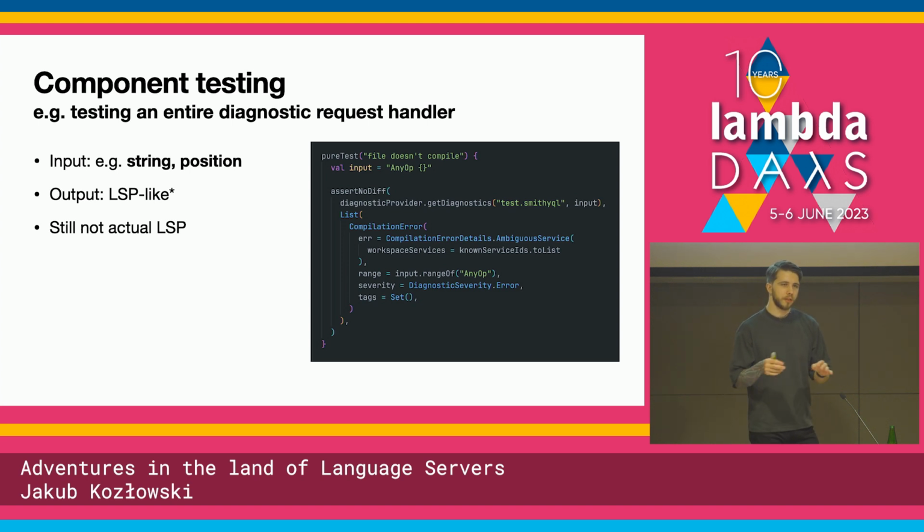You can still do this sort of in memory and with your own constructs of your language compiler. But you want to make sure that whatever this produces, like these components, can easily be converted to LSP types. And these work on a higher level, so you test entire features. You don't want to have too many of these, but you still want to have them.